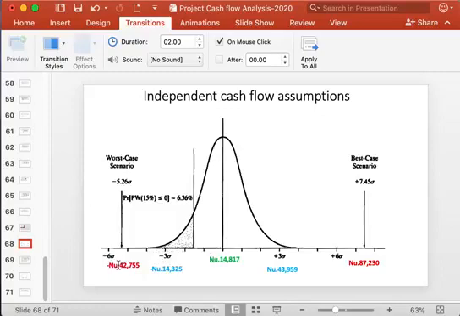We can rule out the probability of these two net present worths actually happening.